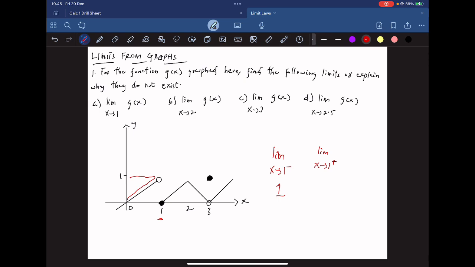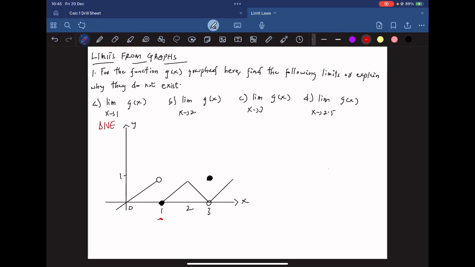Now for the limit as x approaches 1 from the right, if we are coming in this direction, we see that it goes to 0. Since 1 and 0 are not the same, we can say that the first one, the limit as x approaches 1, does not exist.